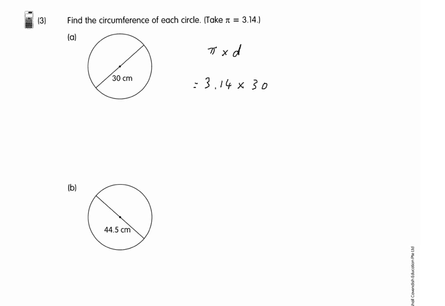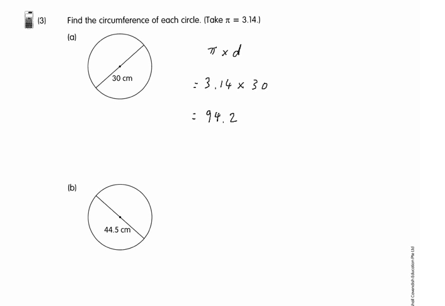Can someone please calculate it for me? 94.2. Okay. So this one you don't do round off because this question they never ask you to correct to 1 decimal place, correct to 2 decimal place.